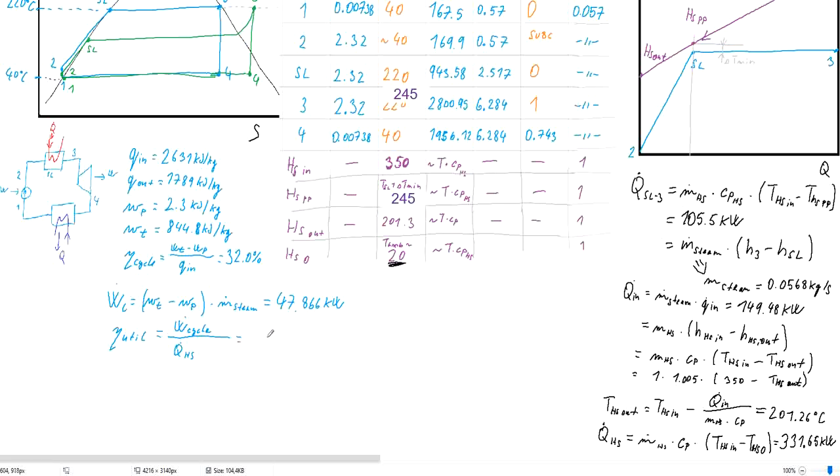So it will be 47.866 divided by 331.65, and we will get that this value is 14.43%.